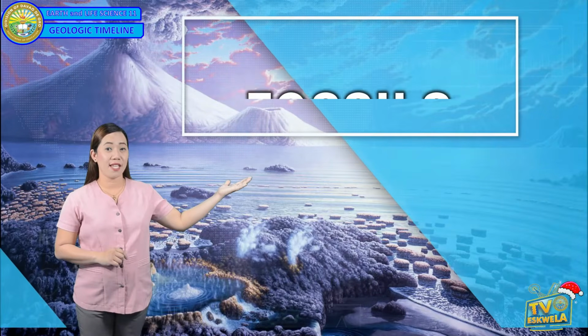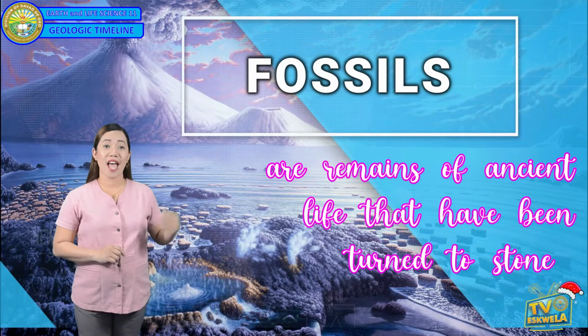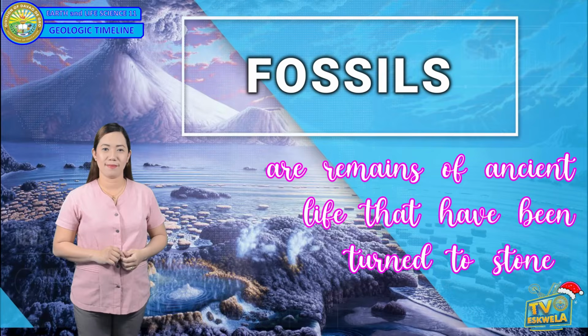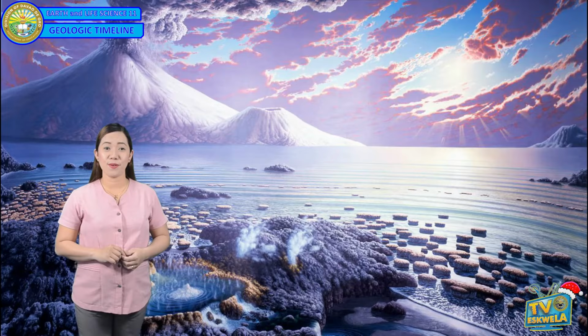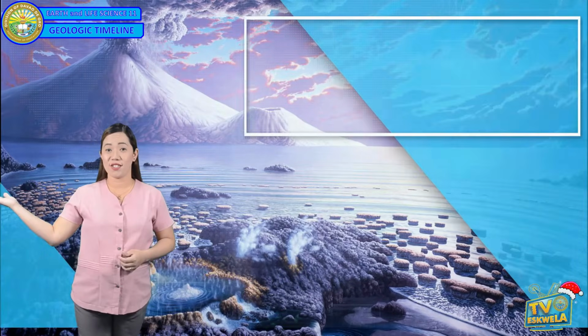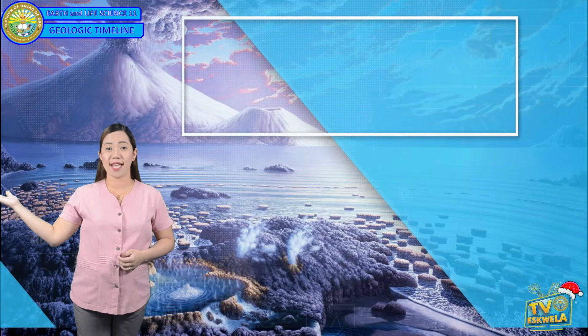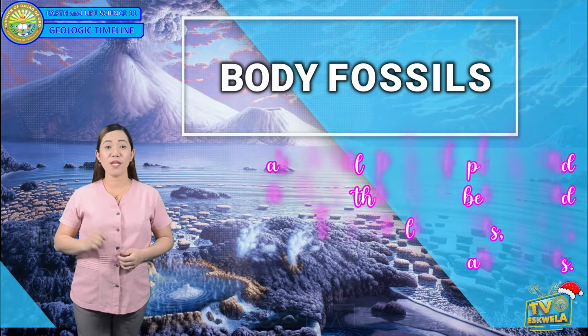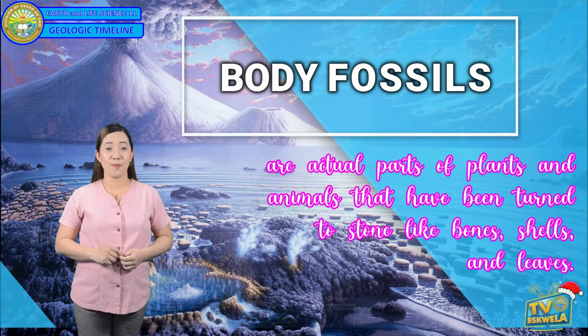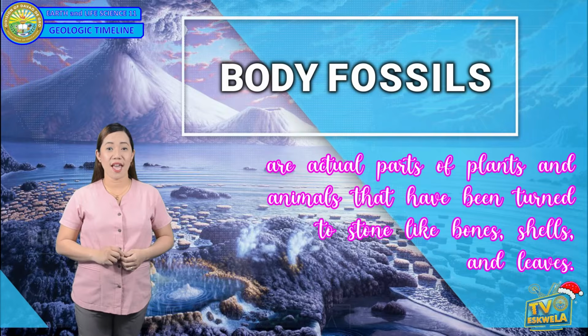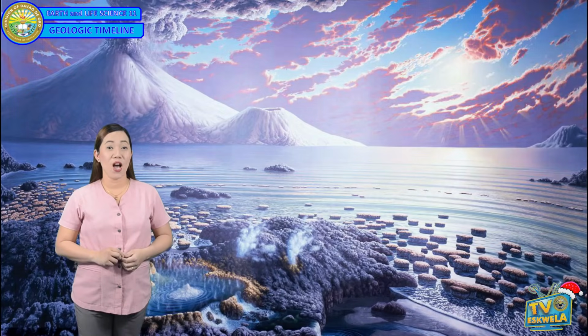Number 1. Fossils are remains of ancient life that have been turned to stone. Number 2. Body fossils are actual parts of plants and animals that have been turned to stone, like bones, shells, and leaves. Number 3.